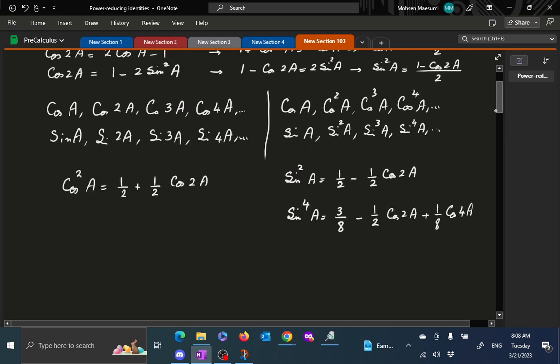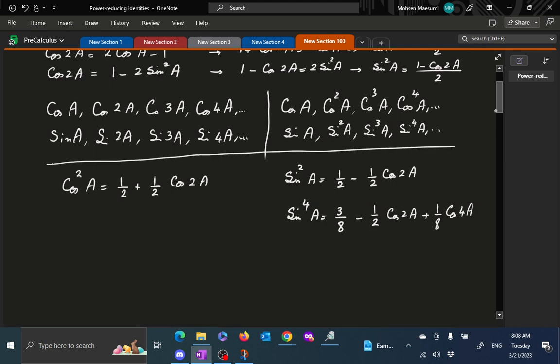Okay, so we are making a table, and you can make a table alongside with me. So you notice I have a power here, power 2. I have a multiple here, a power 4, multiple 2, multiple 4. So you can imagine that for sine to the power of 6 of a, you can continue this process.